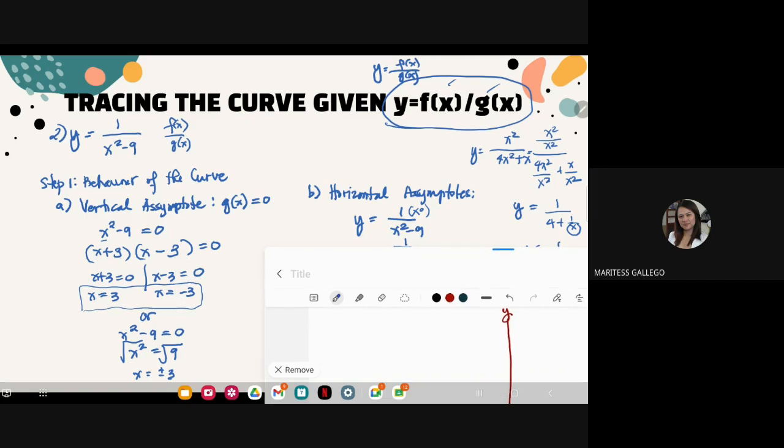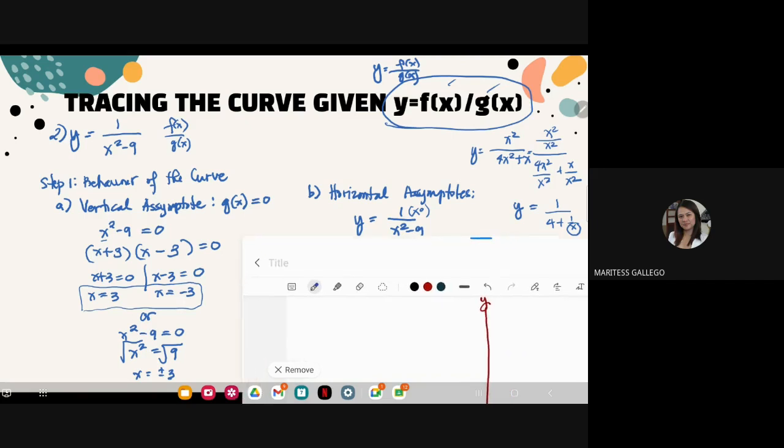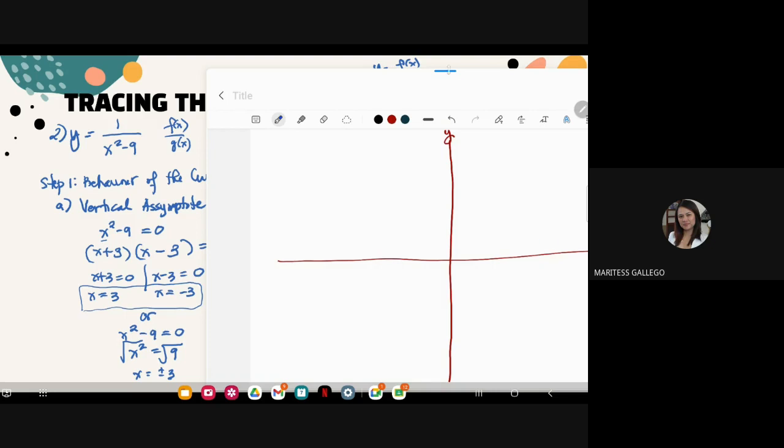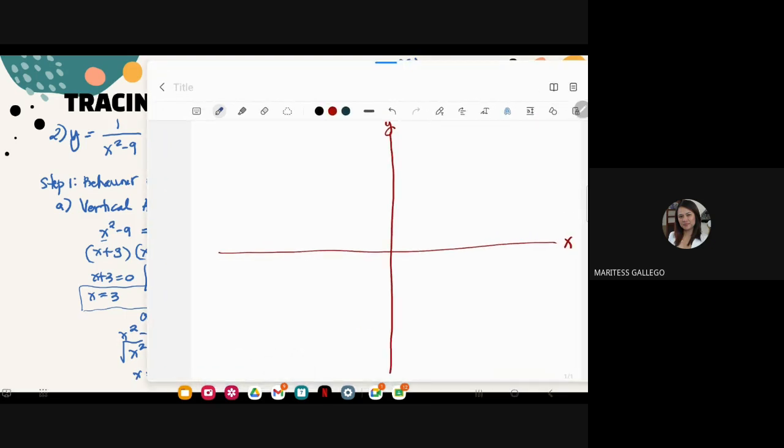Vertical asymptote, dalawa. Ibig sabihin, there is a line that will pass through negative 3 and positive 3. Okay, negative 3, positive 3. 1, 2, and then you have negative 1, negative 2, and negative 3.